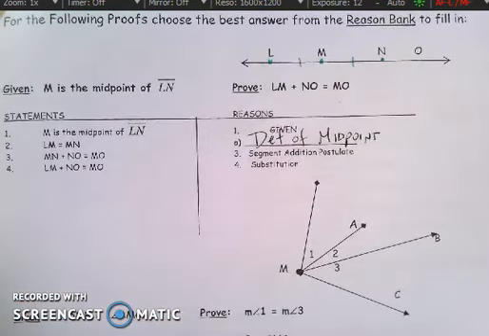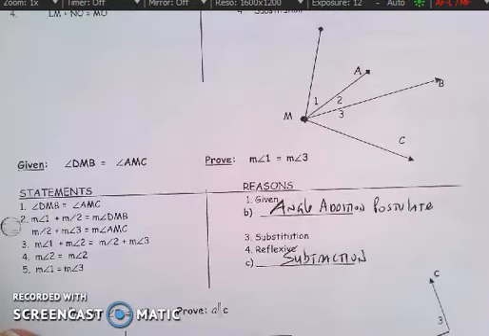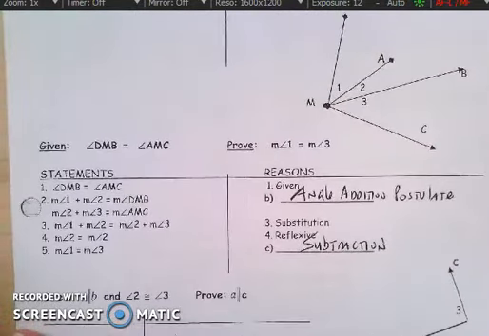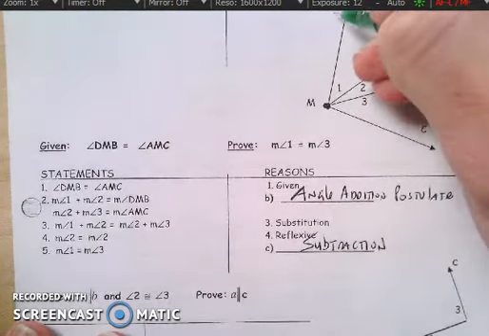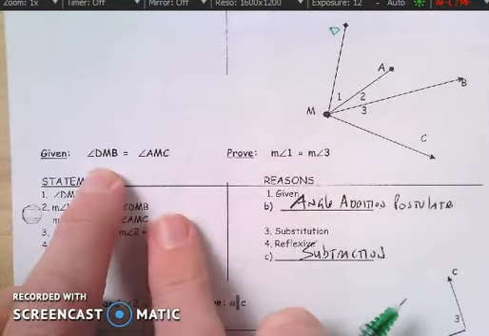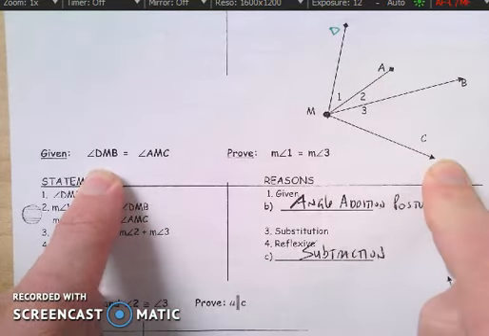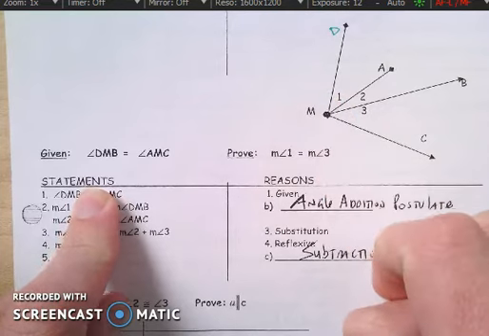Okay. Next one, our second one. And this one states, and I think this is supposed to be a D up here on that top angle, angle DMB equals angle AMC. Prove that 1 and 3 are congruent.